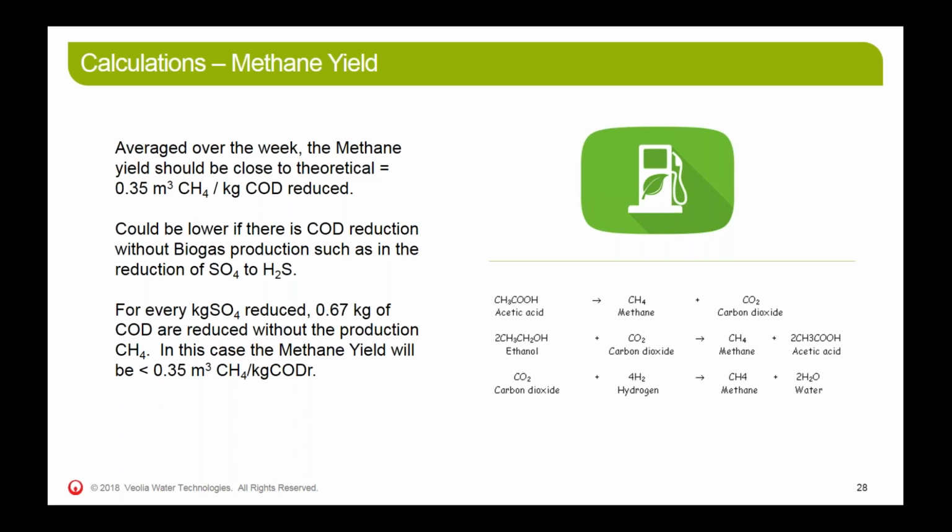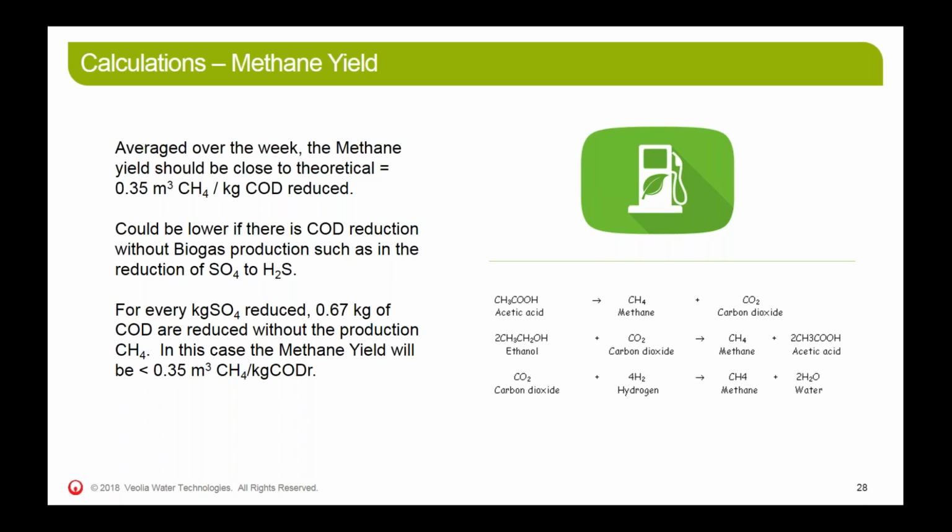I'll let you figure out how to convert from meters cubed to CFM, because probably most of your gas meters are reading in CFM. But if you do this type of math, you should be able to get a good correlation between the methane produced, which you can develop from your biogas flow meter and your methane reading, and the influent and effluent COD values that you have.